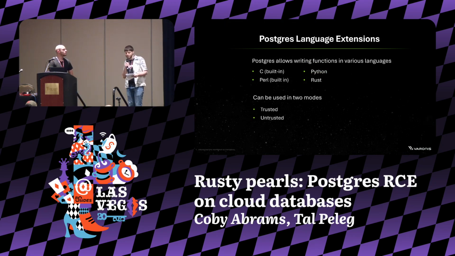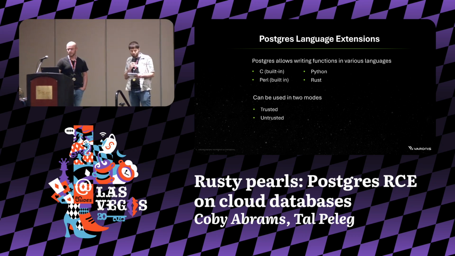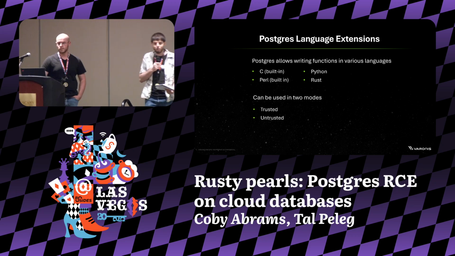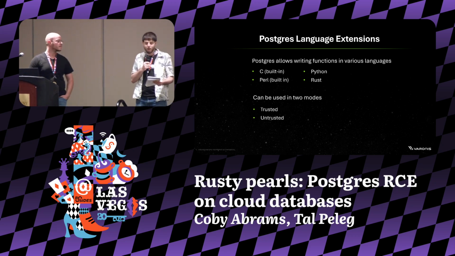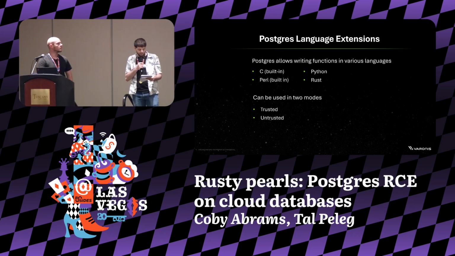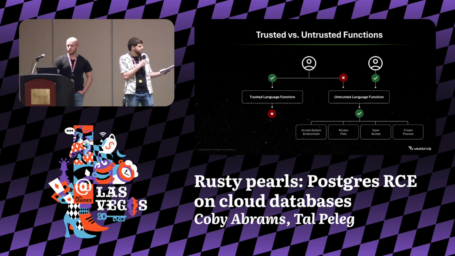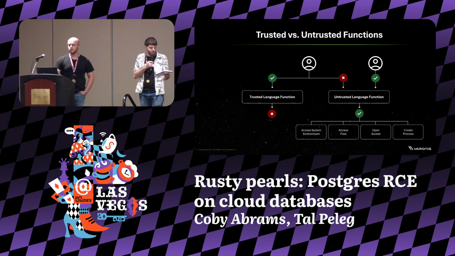So Postgres has extensions that add functionality to the database, and one type of these extensions are language extensions. Language extensions allow writing custom functions in various programming languages, including SQL, C, Rust, Python, and Perl. There are trusted and untrusted languages. Untrusted languages can access the system environment variables.